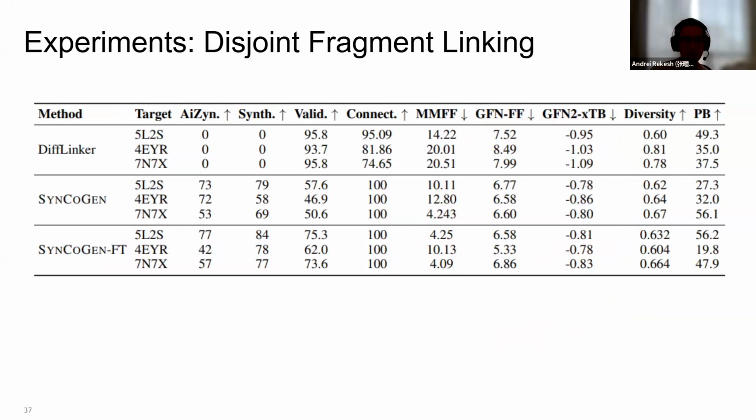And we find again that we're able to achieve decent validity. Again, not ideal because it's not retrained on the task, but over 50% on 2 out of the 3 for validity, and much better energies than DiffLinker.